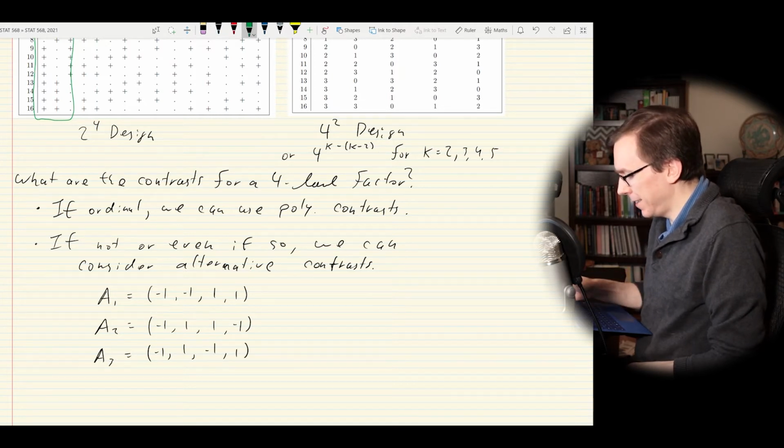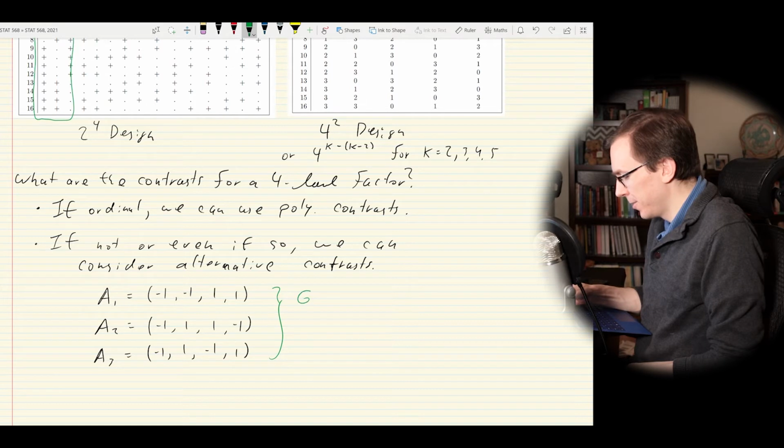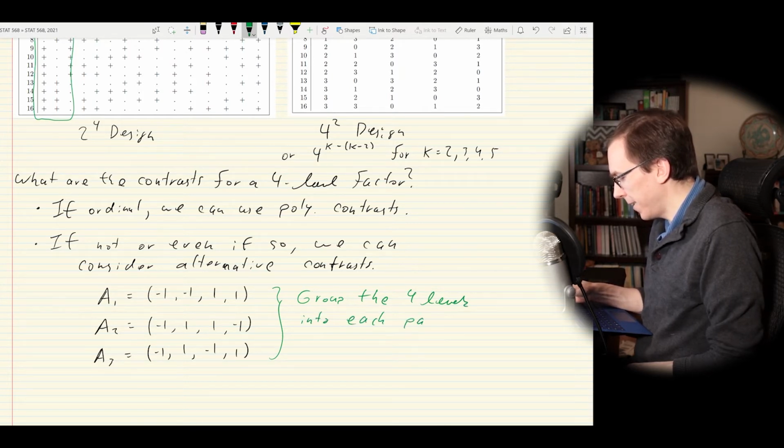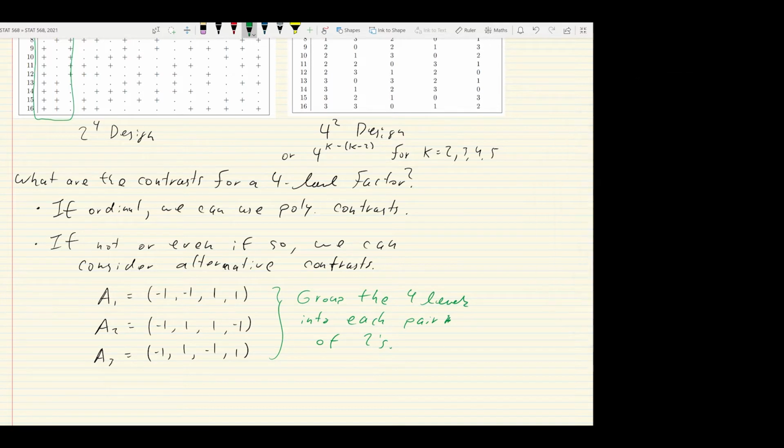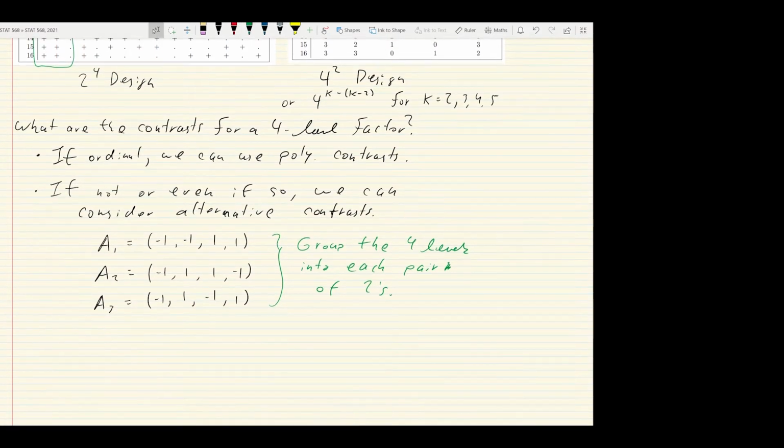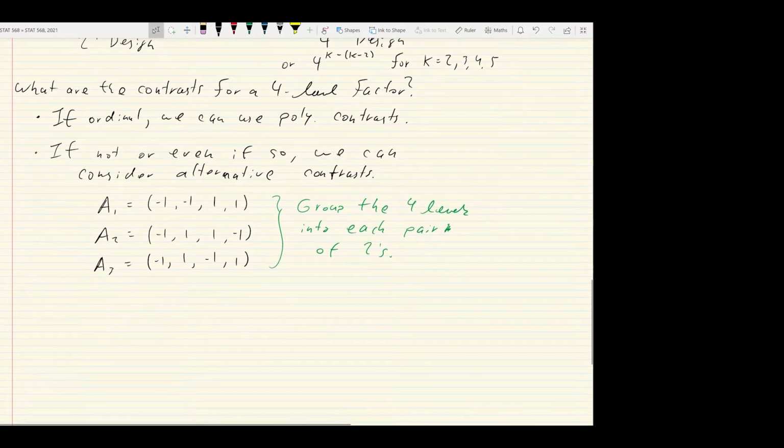The idea is to group the 4 levels into pairs of 2s, which as English goes might not make a lot of sense, but let's do an example.